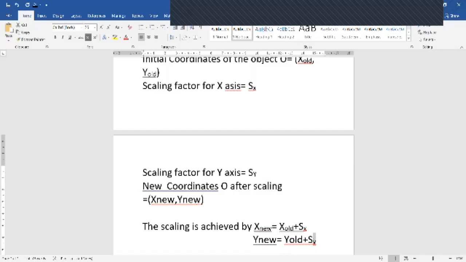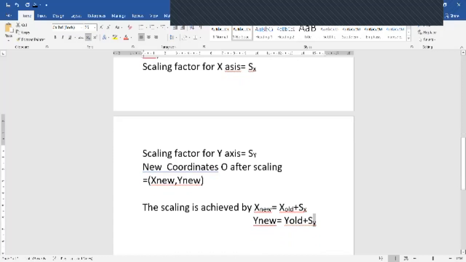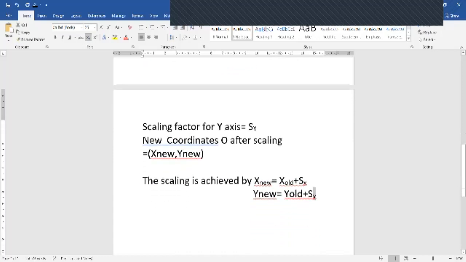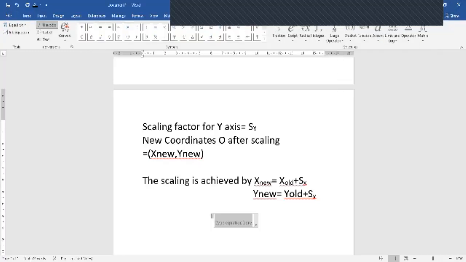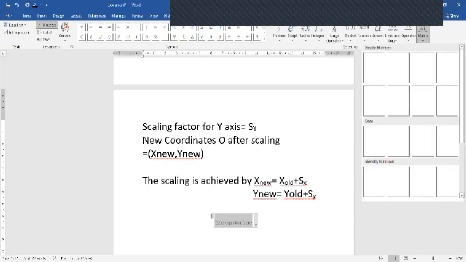Now one thing needs to be kept in mind, that in 2D transformation, as I have explained earlier also, each and everything needs to be done in matrix format. So whenever we are talking about inserting an object or something, it is needed that it is done in the form of a matrix only.